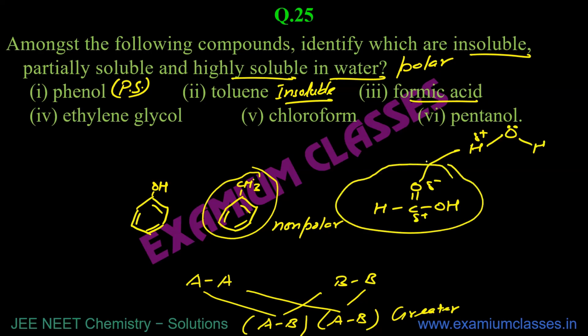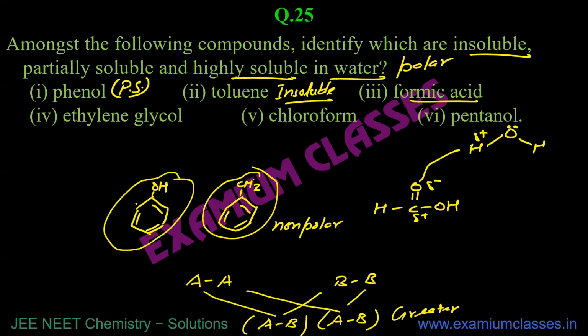In this case, there is almost no hindrance. So the extent will be much greater than phenol. So we will say formic acid will be soluble. The reason is there will be hydrogen bonding and very negligible hindrance. Same concept you will be applying in other molecules also. So just try to apply, try to remember. You will get the answer very easily.